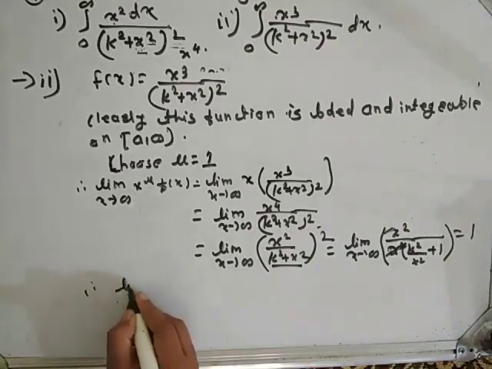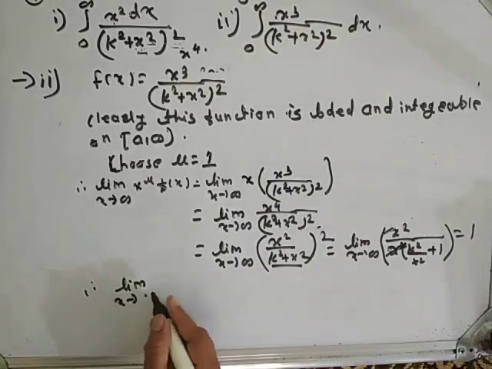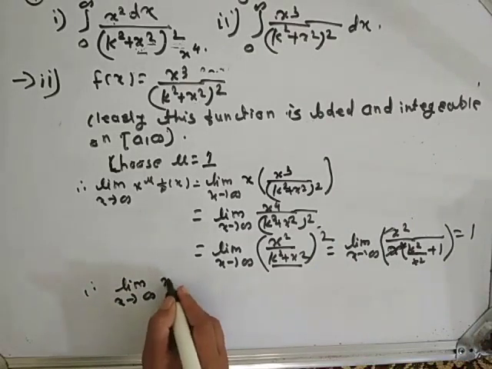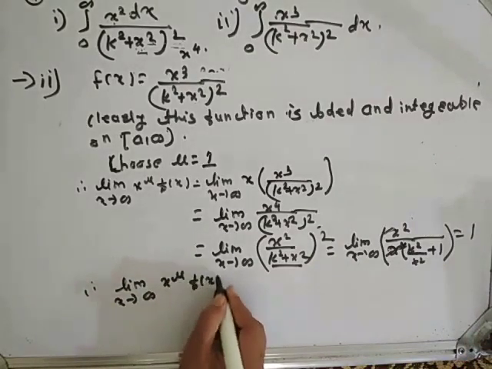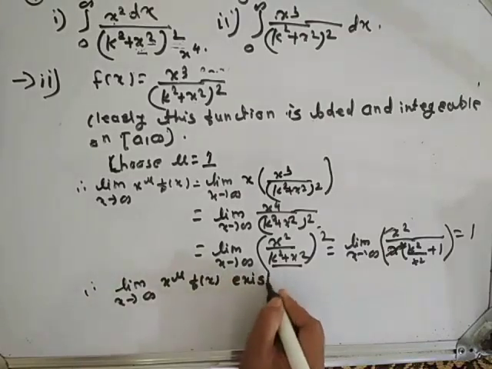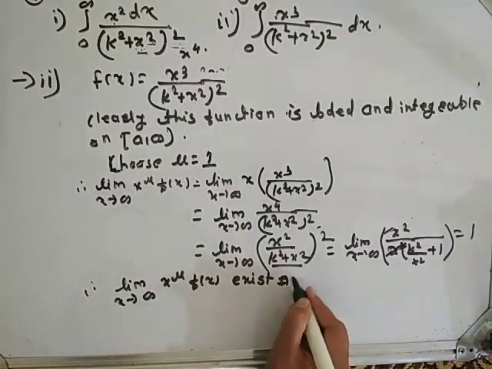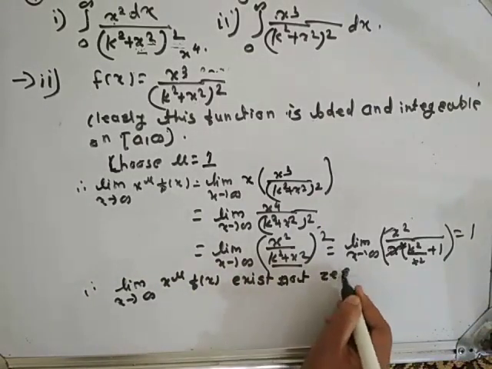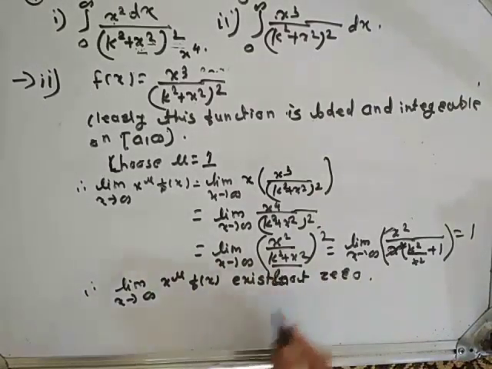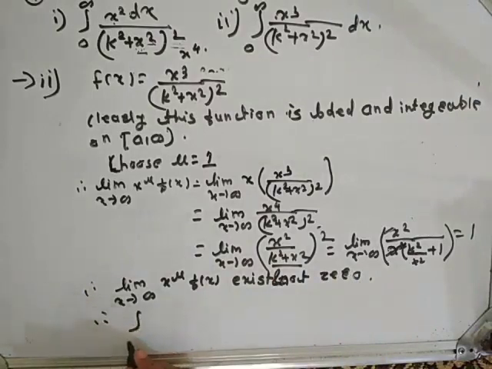So here limit x tends to infinity, x raised to mu f of x exists and is not 0.